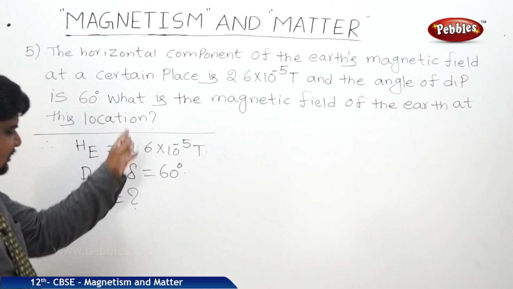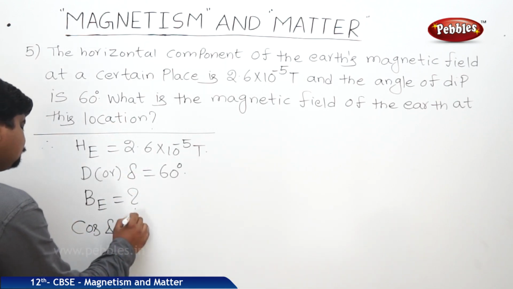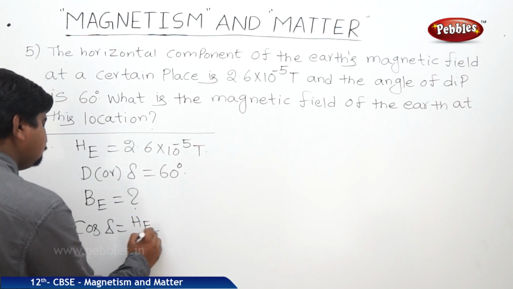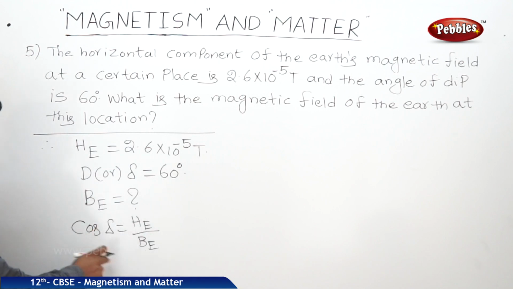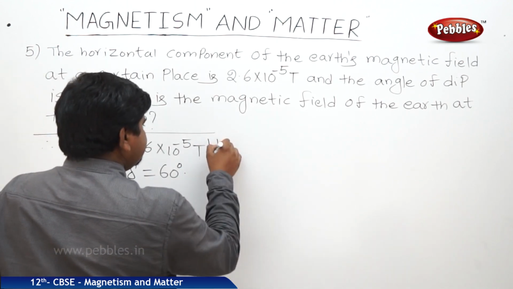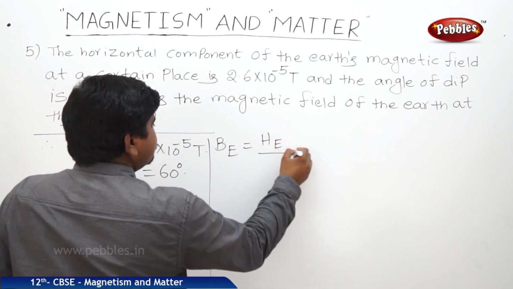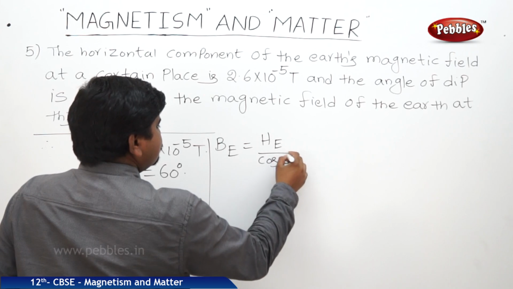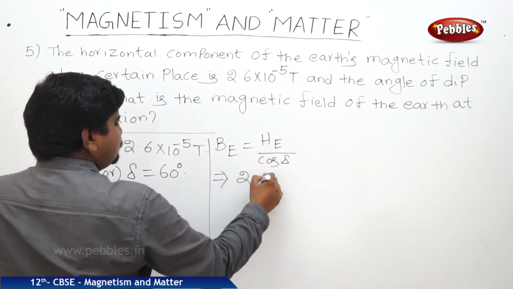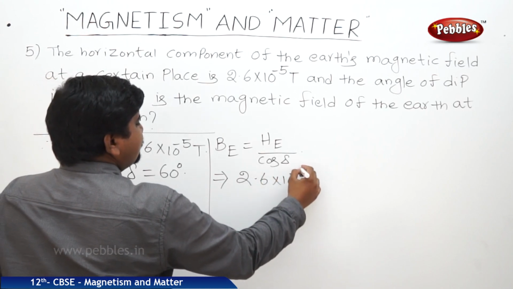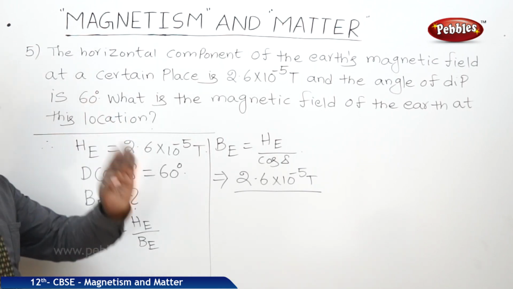So cos delta is equal to HE by BE. So BE is equal to HE by cos delta. So HE is 2.6 into 10 to the power of minus 5 Tesla by cos of the dip angle, 60 degrees.